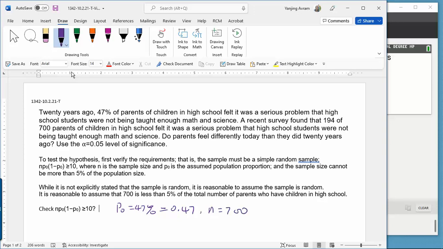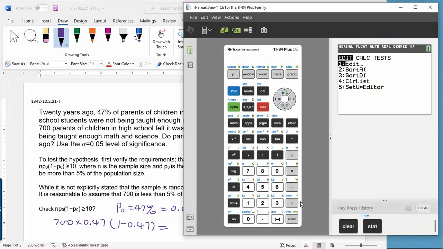So we have 700 times 0.47 times 1 minus 0.47. Let's see if this is greater than or equal to 10. If not, we cannot use this statistic because the sample size won't be large enough. So that is a requirement. Let's give it a quick check.